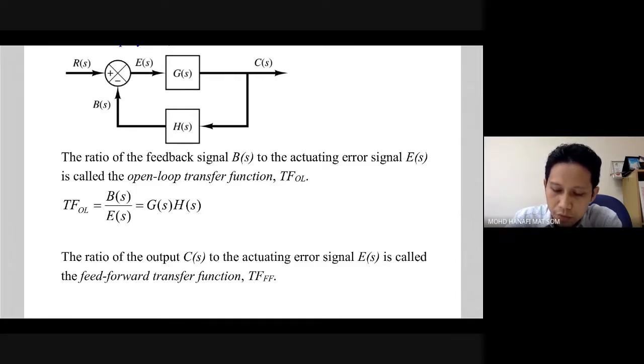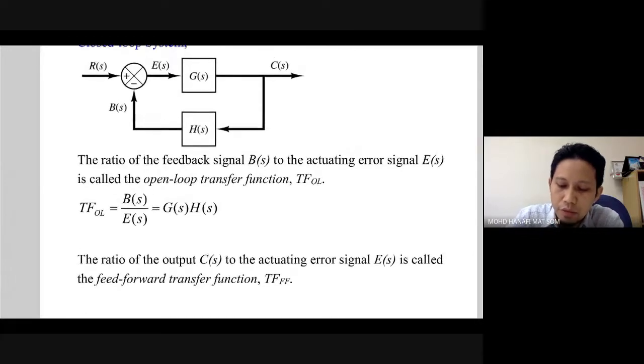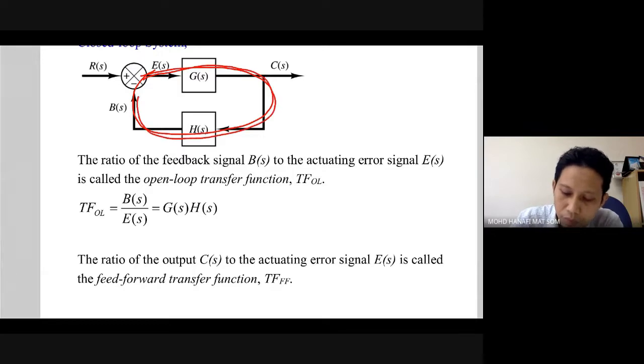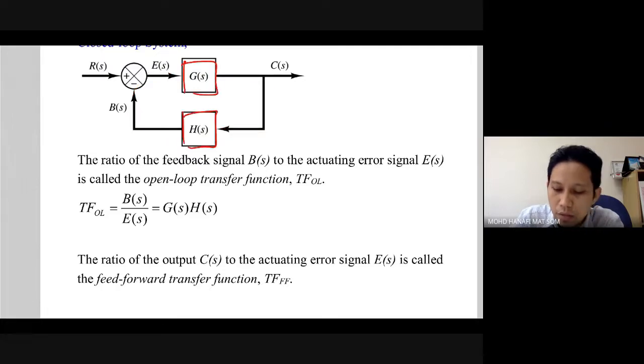So this only takes into consideration this part only, E(s) to B(s). The system involved is G(s) and H(s).